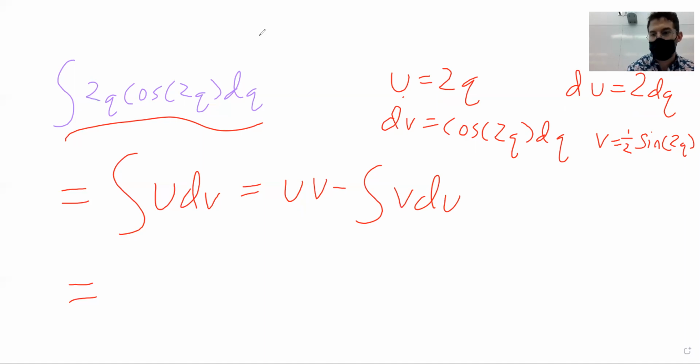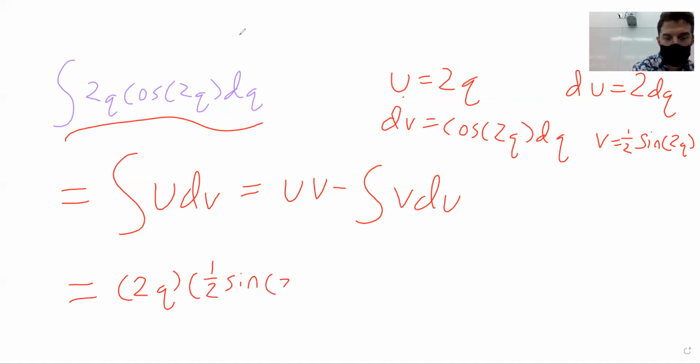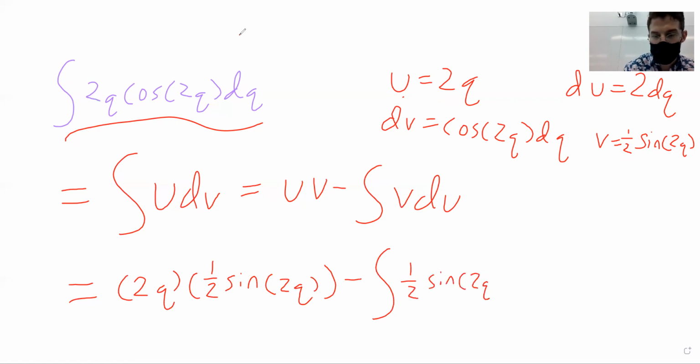So for example, u times v is going to be 2q times 1/2 sine of 2q, minus integral v, 1/2 sine of 2q, and then du, which is 2 times dq.